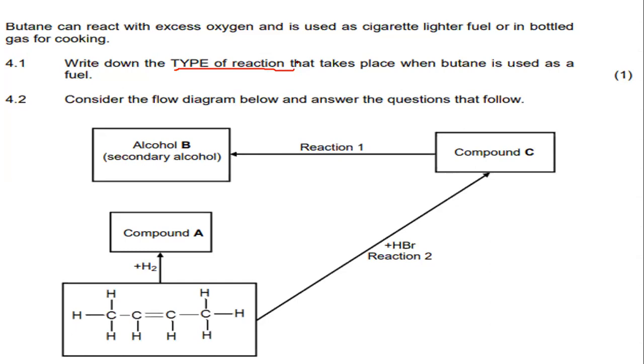And to undergo combustion requires that excess oxygen. Furthermore, we are told that it is used as a cigarette lighter fuel or in bottled gas for cooking. Now we know when that is actually happening, then our butane is actually burning in the presence of oxygen gas when it is being used as a cigarette lighter fuel, or also when it is used for cooking, when bottled gases that contain bottles are used.